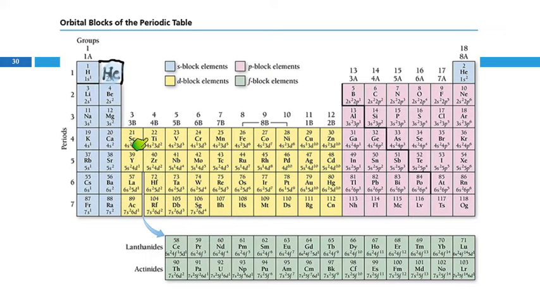So we might think, okay, well, this is the D block, right? And this is in period 4, so this is 4d. Yeah, but where did 3d go? The third floor has 3 rooms, S, P, and D. We haven't filled the D room yet. So one way you can kind of think about this is, to me, it kind of looks like it was supposed to be up here.